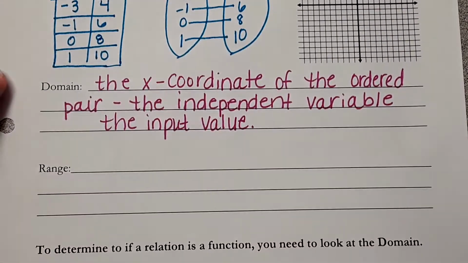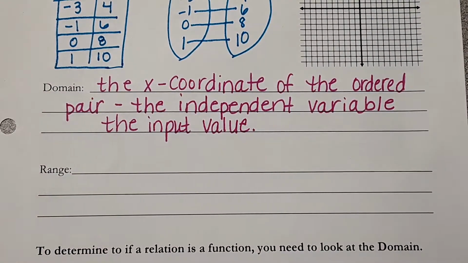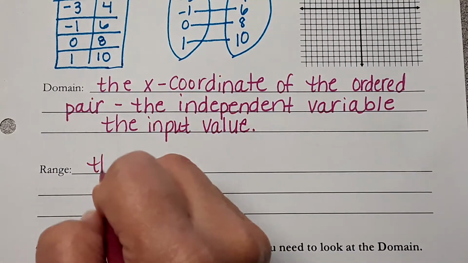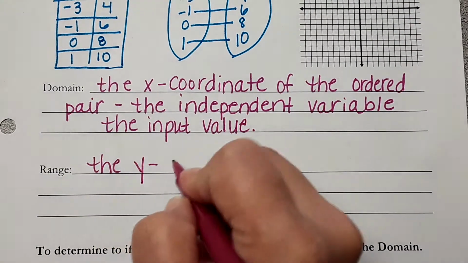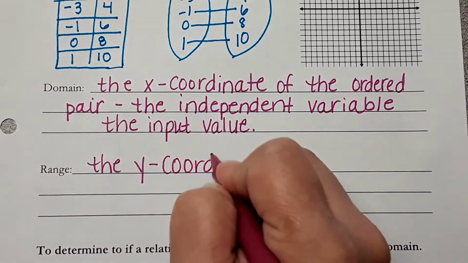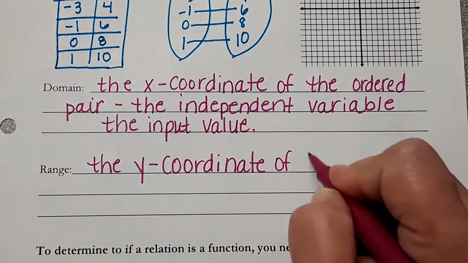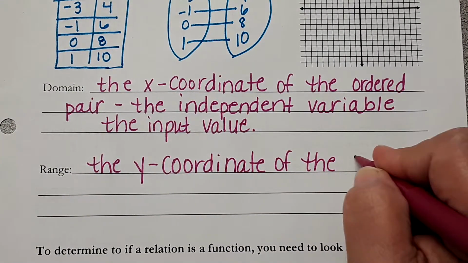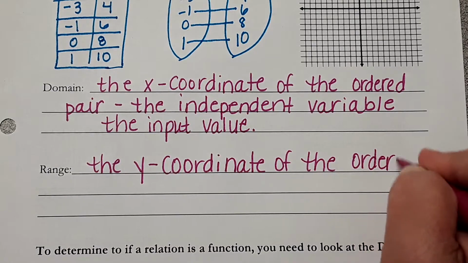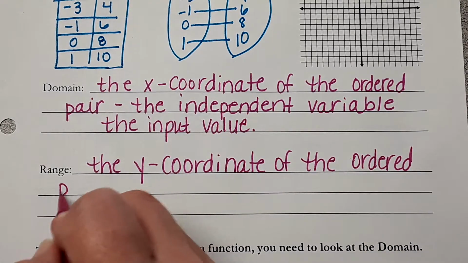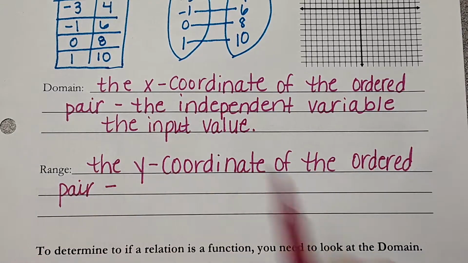Now we're going to talk about the range. The range is the y-coordinate of the ordered pair. And if the domain is the independent variable, what do you think the range is?